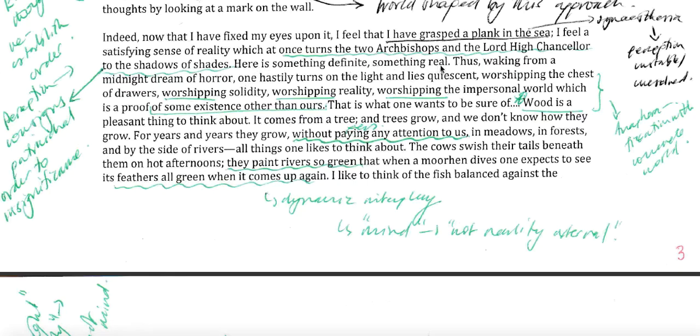Here is something definite, something real. Thus, waking from a midnight dream of horror, one hastily turns on the light and lies quiescent, worshipping the chest of drawers, worshipping solidity, worshipping reality, worshipping the impersonal world, which is a proof of some existence other than ours. This is what one wants to be sure of.